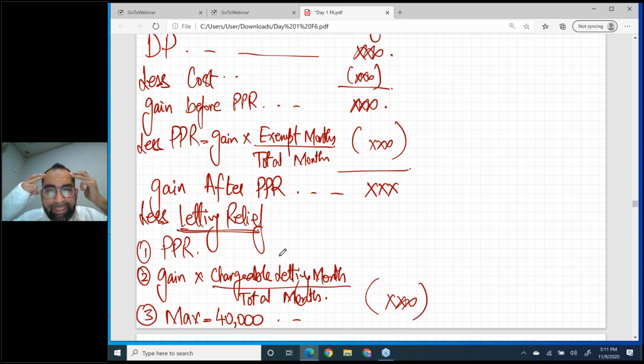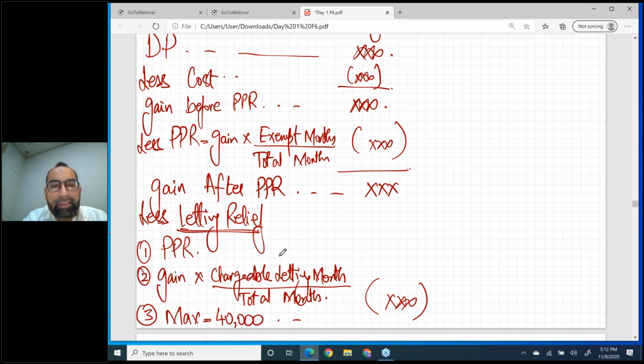We only calculate letting relief when letting is done in chargeable absence period. If letting is done, yes, you get a green signal, then write letting relief.